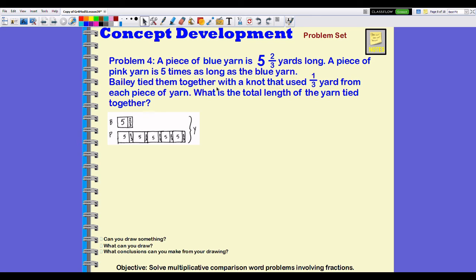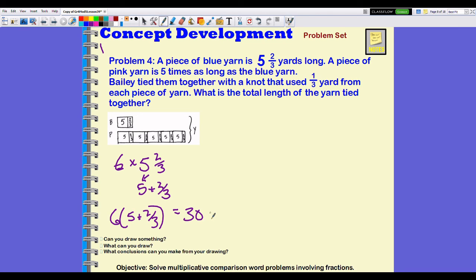And we know that Bailey's going to use part of this string to tie a knot. So we can start off by simply multiplying 6 times 5 2/3. We're going to decompose this just like we've been doing all day. And now we're going to multiply. So we're going to distribute that throughout. And so when we multiply this, we're going to get 6 times 5, which is 30.